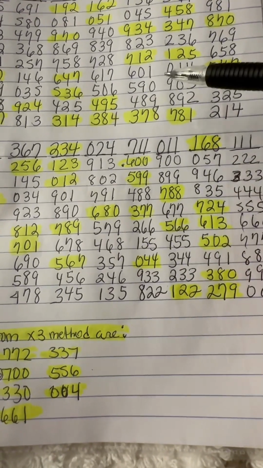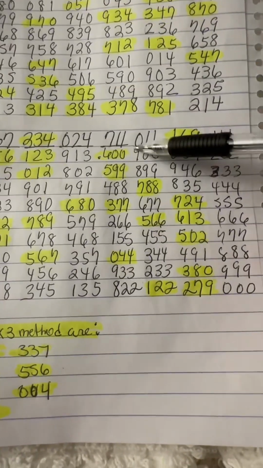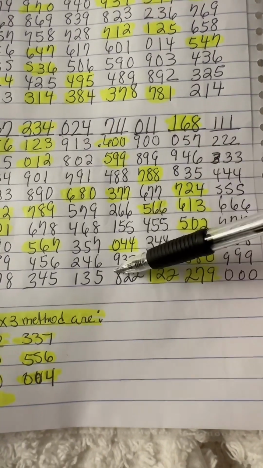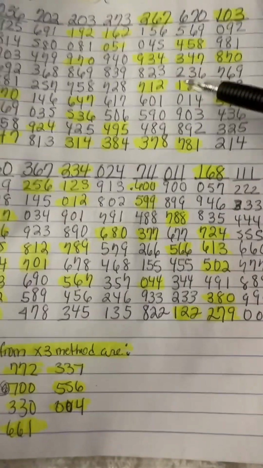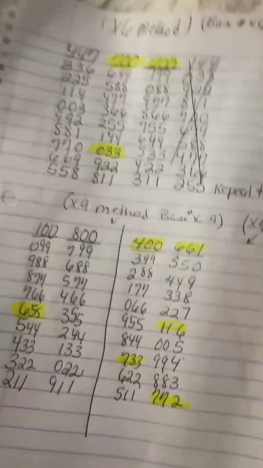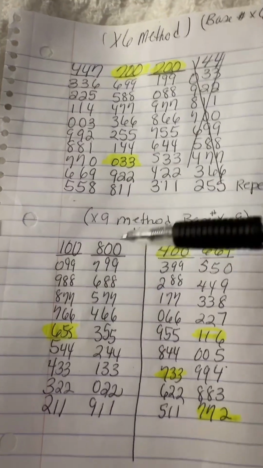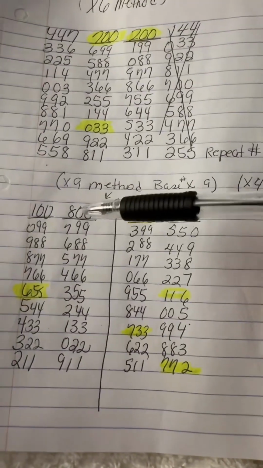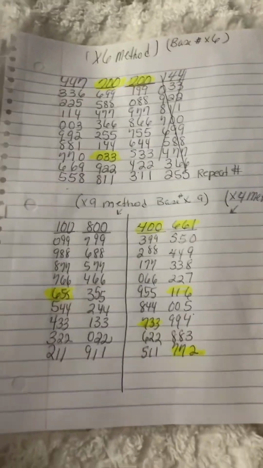I think it's 7112 or something like that. And then 011. These are the only doubles Cash 3 is responsible for. When you multiply the base numbers by 6, 9, and 4, all you get is doubles. So keep that in mind.